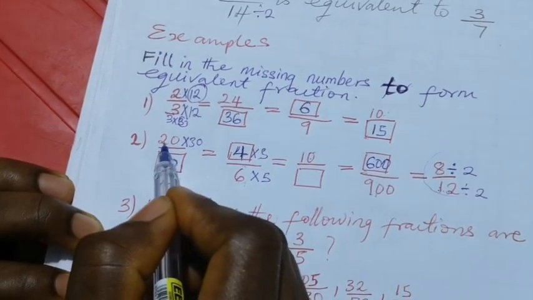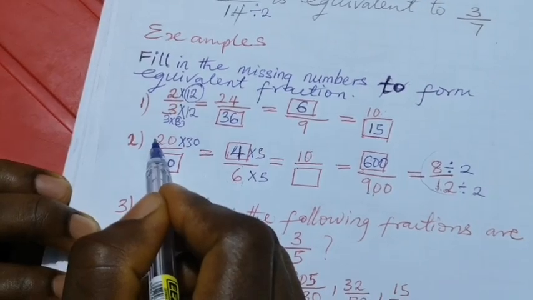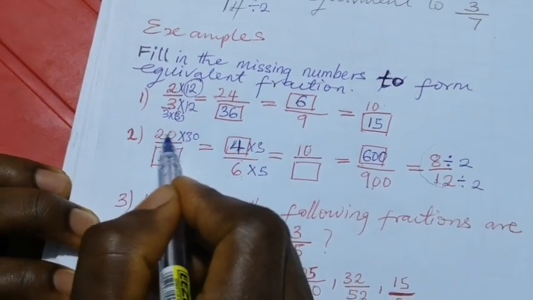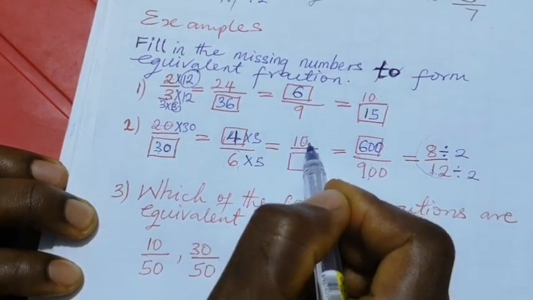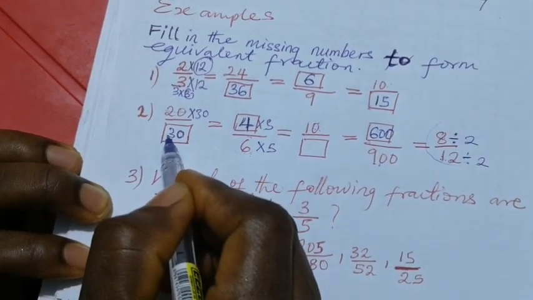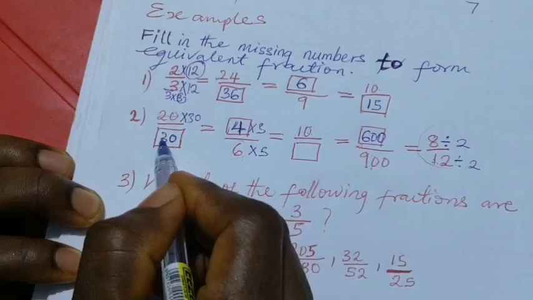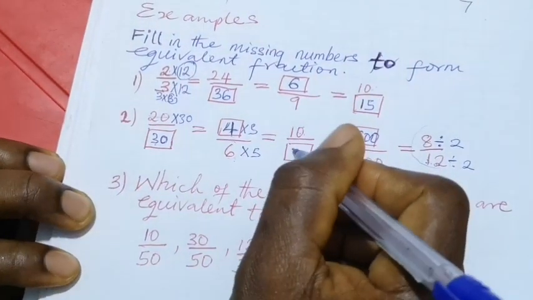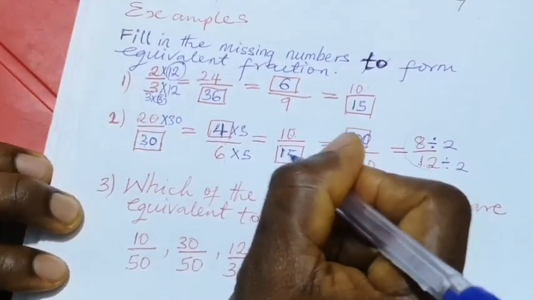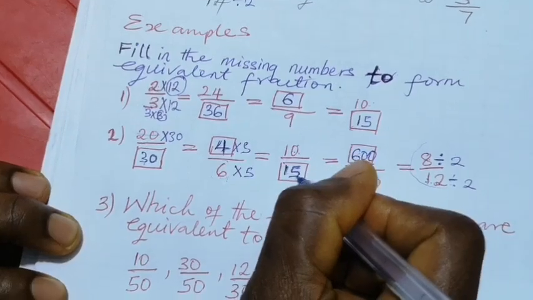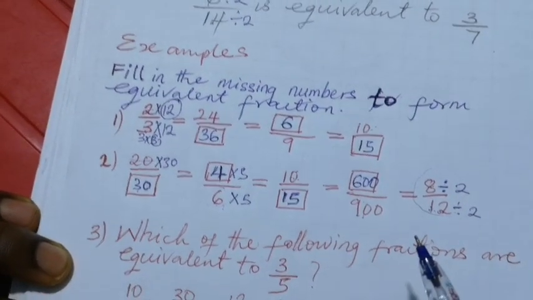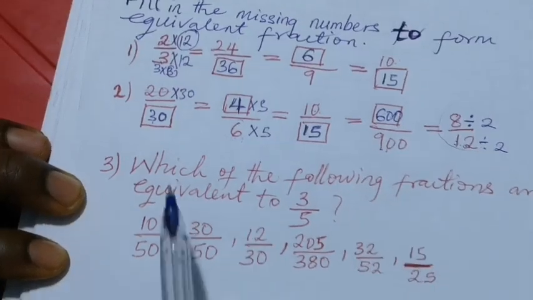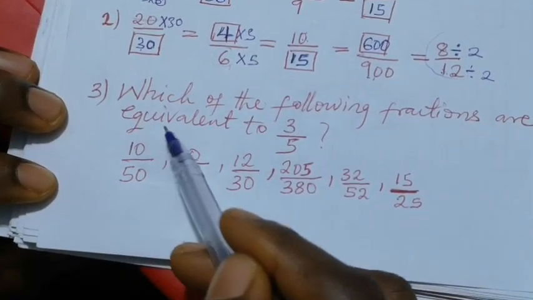So if I come to 20, then I will say 20 divided by 2 will give me 10. Also, I can now come over here and say 30 divided by 2 will now give me 15. So that is how you find equivalent fractions.